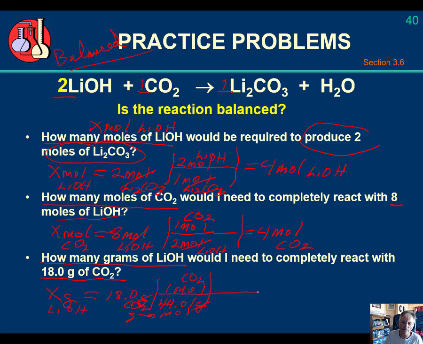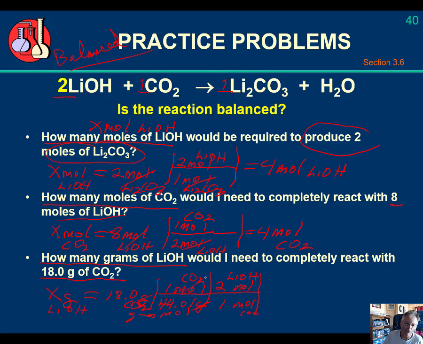The next step is the mole to mole ratio from the balanced chemical reaction. This is going to be moles of CO2 here, and this is going to be moles of my X factor, because remember, the X factor is what goes in the numerator, and I go up here and remind myself that the coefficient is 2 for lithium hydroxide, my X factor, and the coefficient for CO2 is 1.